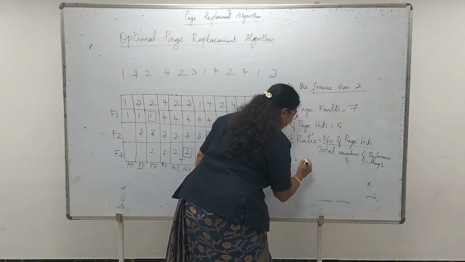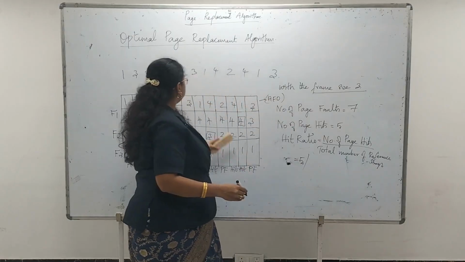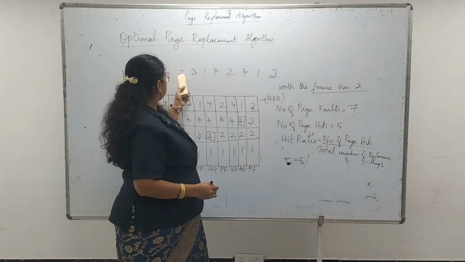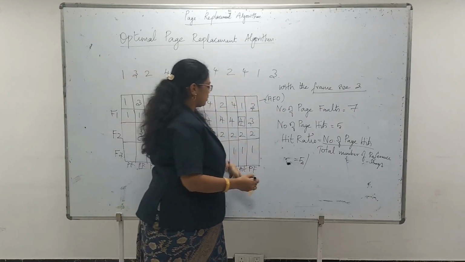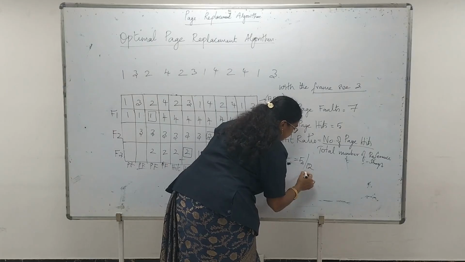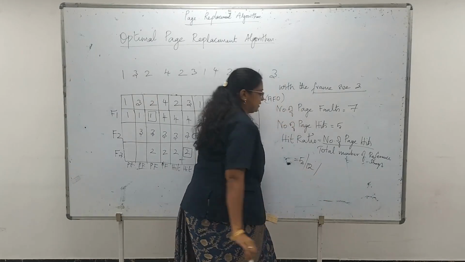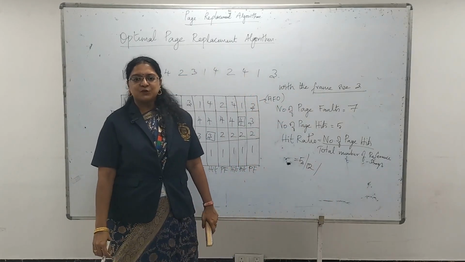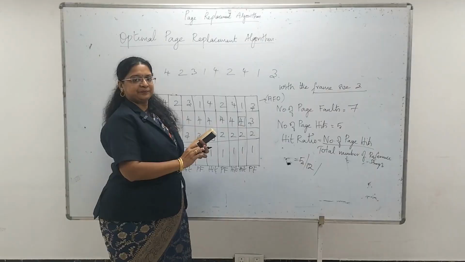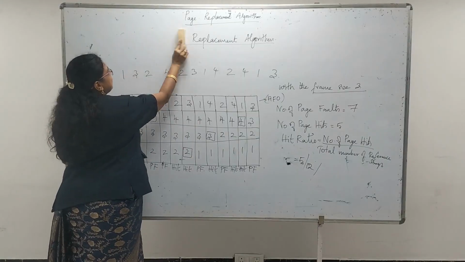Hit ratio is number of hits, 5, over the total number of references, which we already saw is 12. So 5 by 12 is the hit ratio, that is your percentage. That is your optimal page replacement algorithm. Next we need to see most recently used.